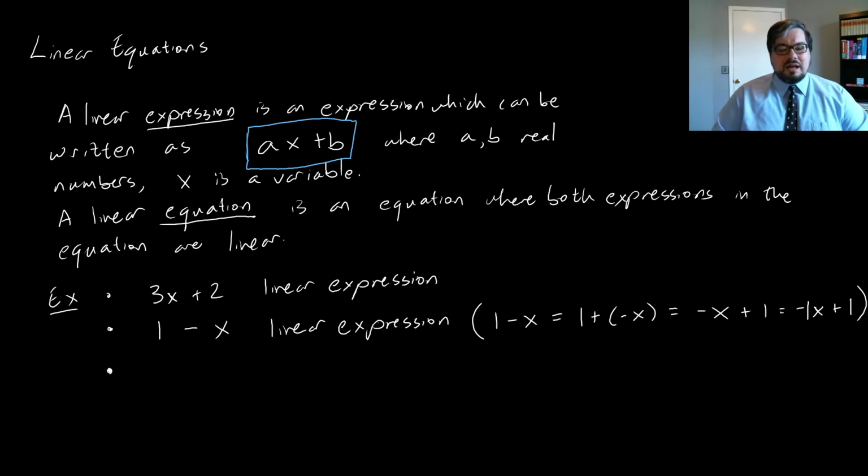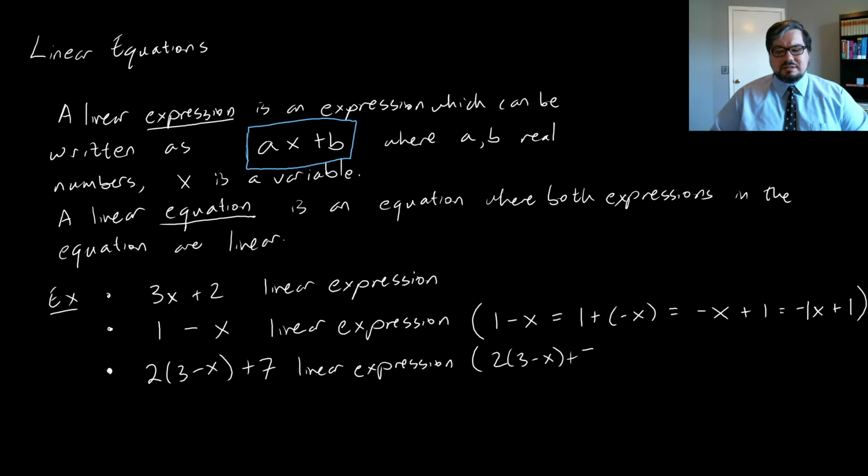Along similar lines, if we have 2 times 3 minus x plus 7, this is also a linear expression. This one we've got to expand out a little bit, simplify a little bit. So if we have 2 times 3 minus x plus 7, that's the same as if we distribute the 2, that's 6 minus 2x plus 7.